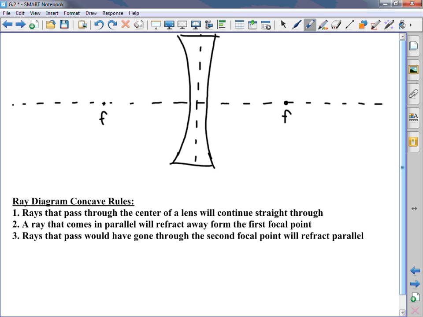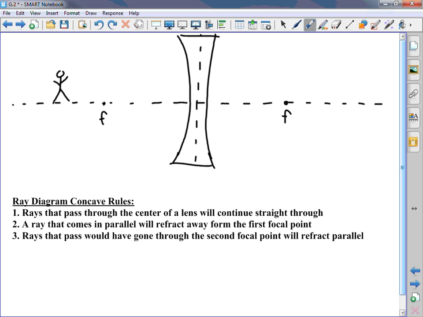Okay, there we are. And let's give ourselves a little image. All right, a little closer. Now, the rules are almost the same, except the focal points are flipped. That is, which focal point you use for each rule is backwards. Convex almost feels natural. Concave feels backwards.